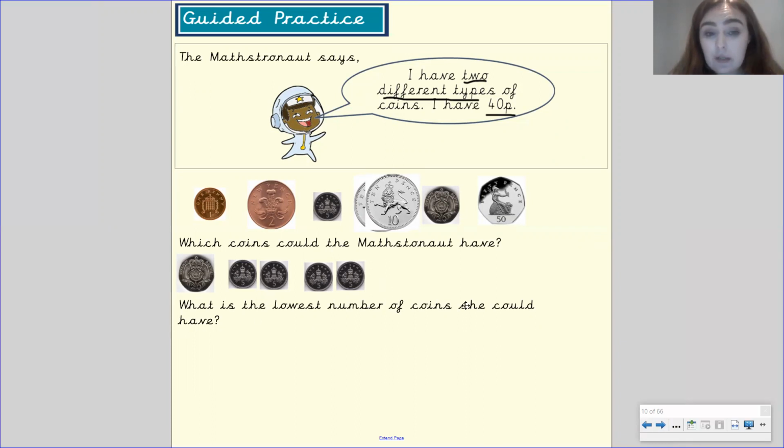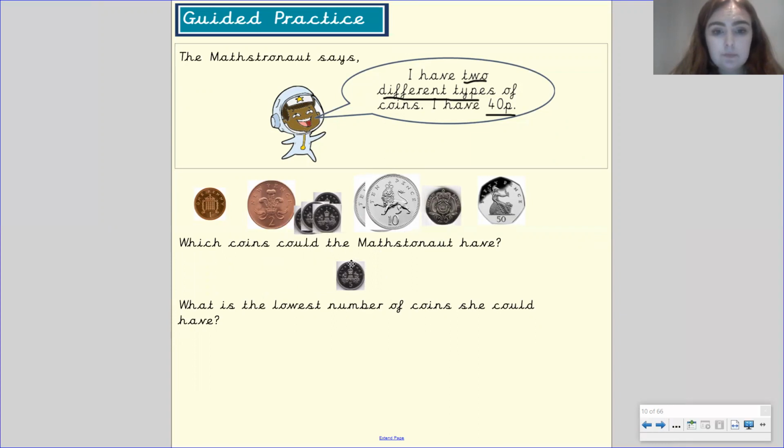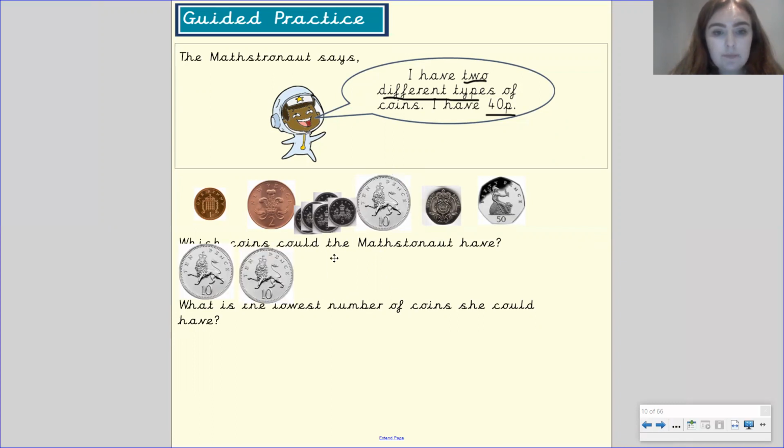So that's another way I could have made it. I could have also had 10 pence, 10 pence, and then 5 pence. So I've got 10, 20, 25, 30, 35, 40. That's another way I could have made it.